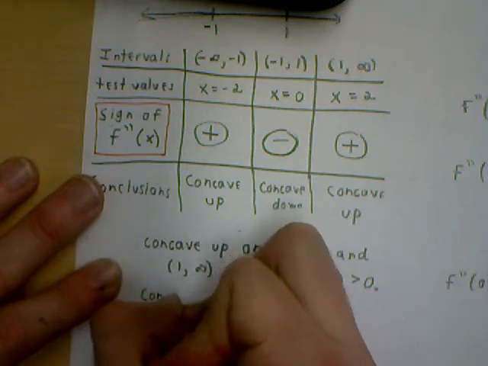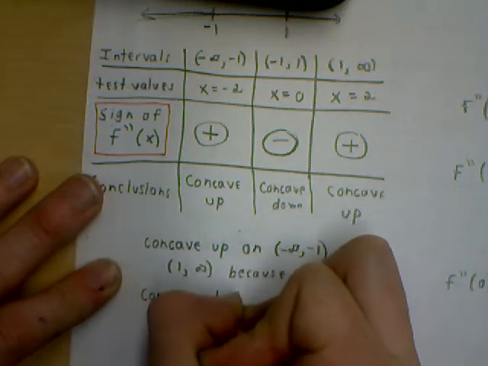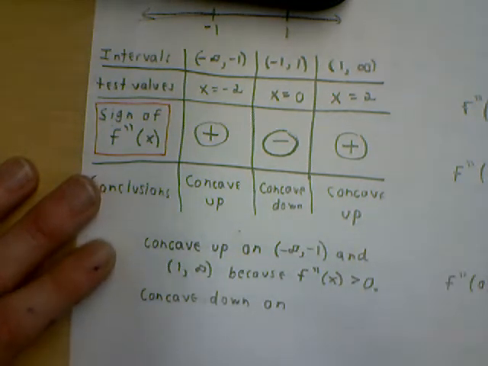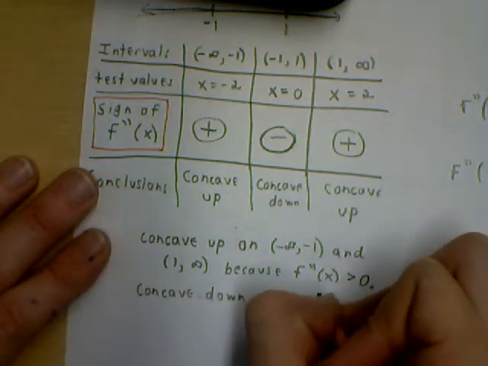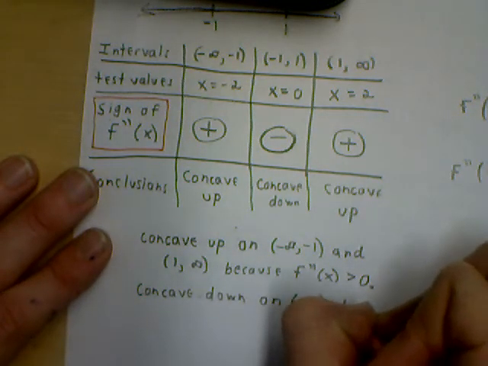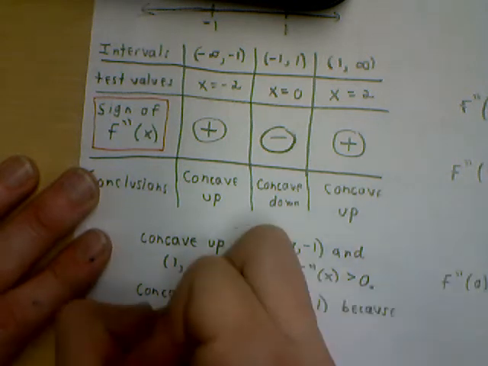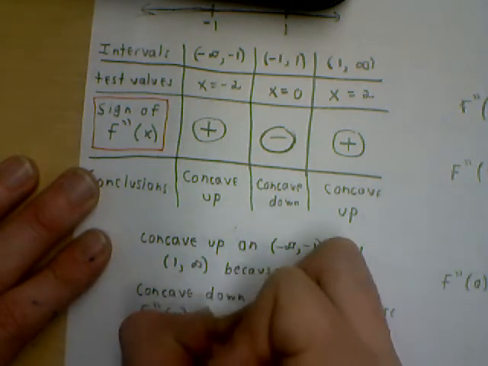Concave down on negative 1, 1, because f double prime of x is negative.